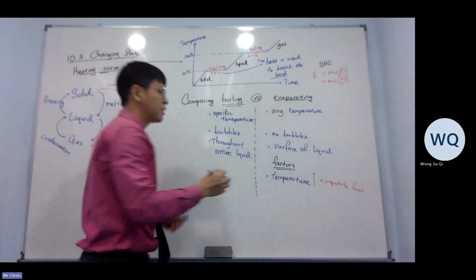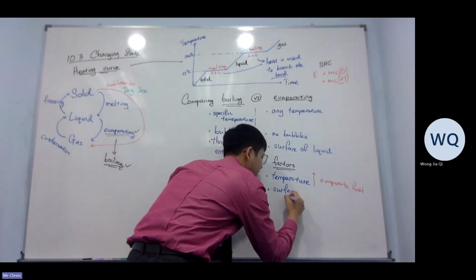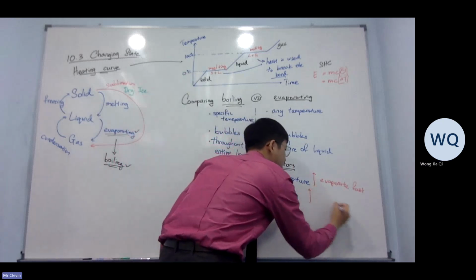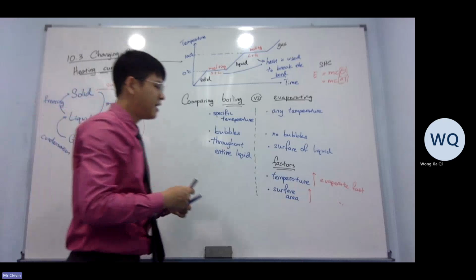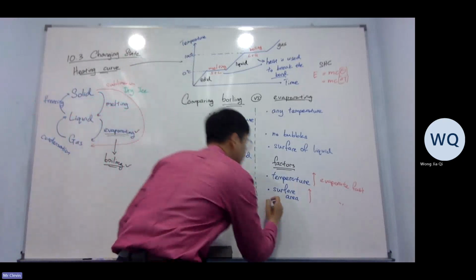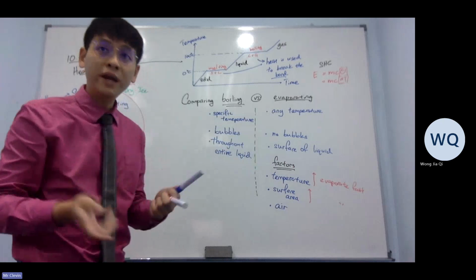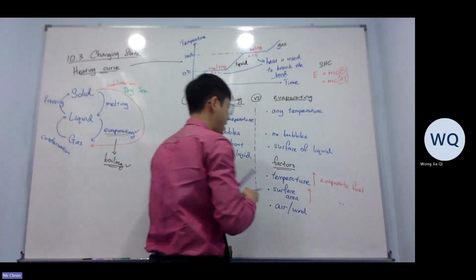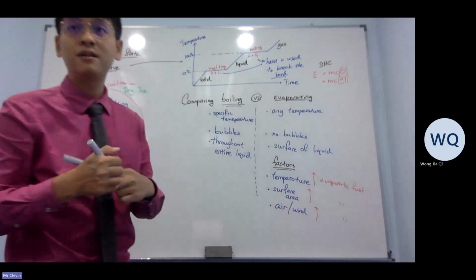Second thing, you talk about surface area. So when your surface area increases, it will be the same, it will evaporate faster. Then the third thing we talk about is air or wind, we can call it wind. When the wind increases, it will evaporate faster.